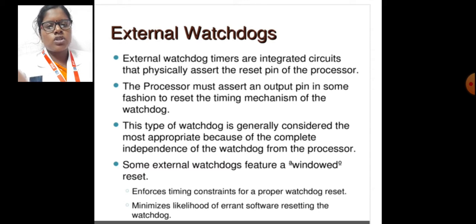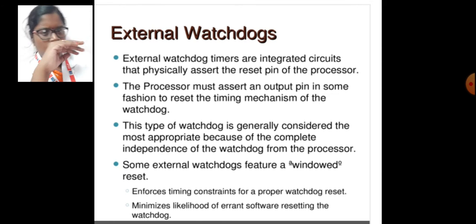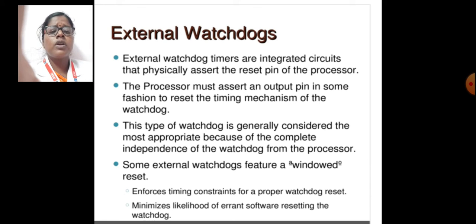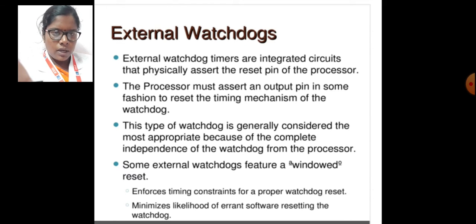This type of watchdog is generally considered the most appropriate because of the complete independence of the watchdog from the processor. Some external watchdogs feature a windowed reset, which enforces timing constraints for a proper watchdog reset and minimizes the likelihood of errant software resetting the watchdog.